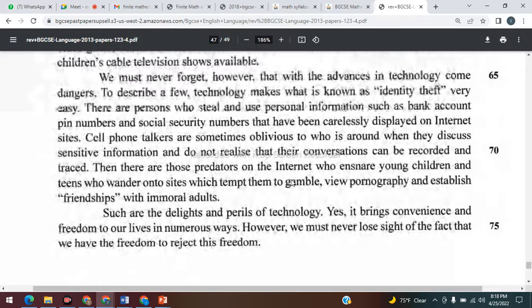they wander into different sites that teach them about gambling and watching things they shouldn't watch, and establishing friendships with adults who are out of their minds, or we say immoral.